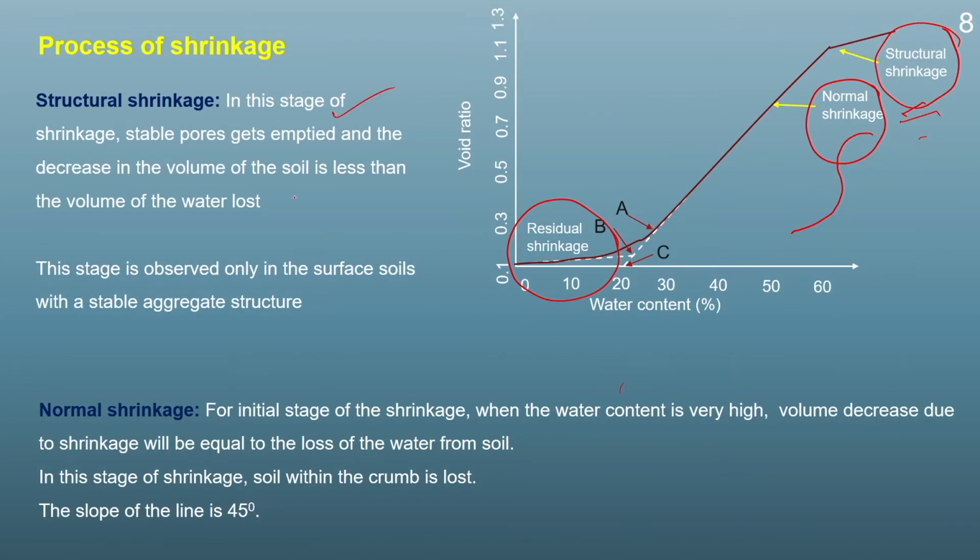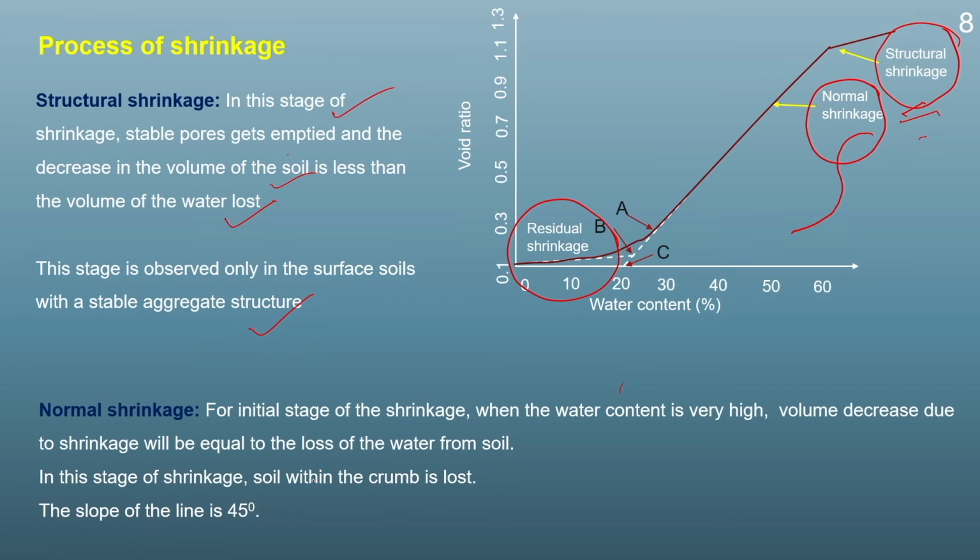In this stage of shrinkage, the stable pores get emptied and the decrease in the volume of the soil is less than the volume of the water lost. And this stage is observed only in the surface soil with a large stable aggregate structure.